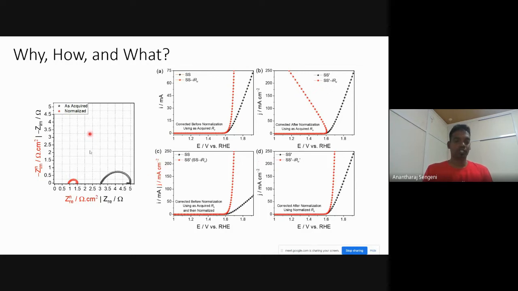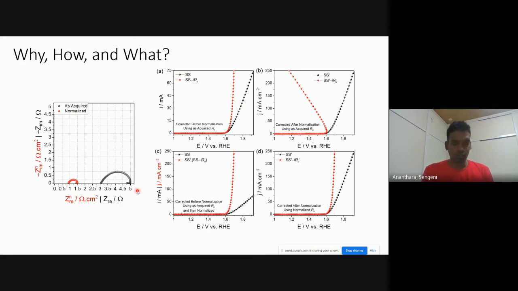So this graph is the Nyquist plot, and you can see two different labels at the X and Y axes, where the superscript of Z indicates that this impedance value is normalized with the electrode's geometrical surface area.